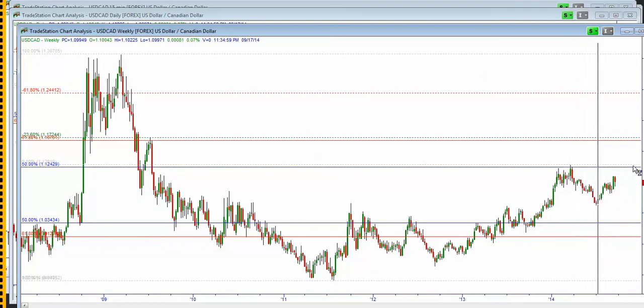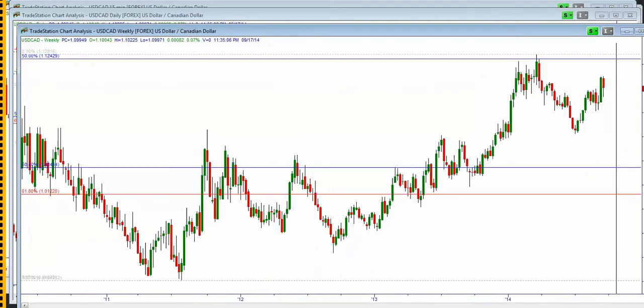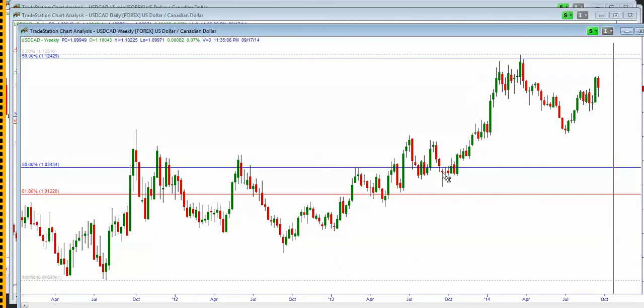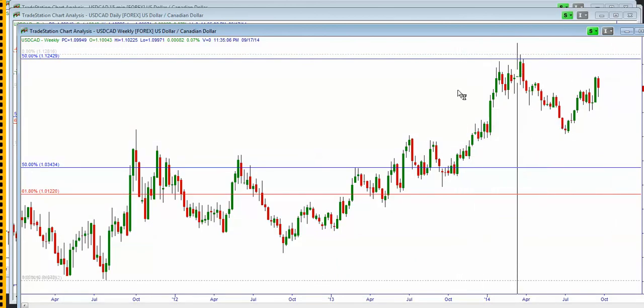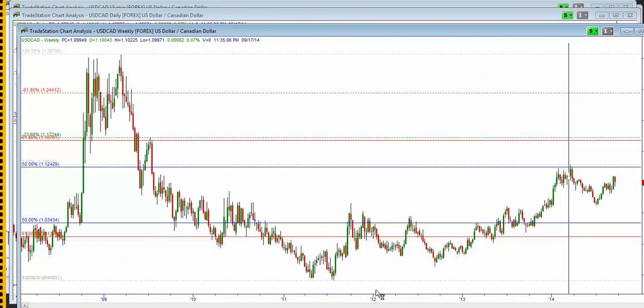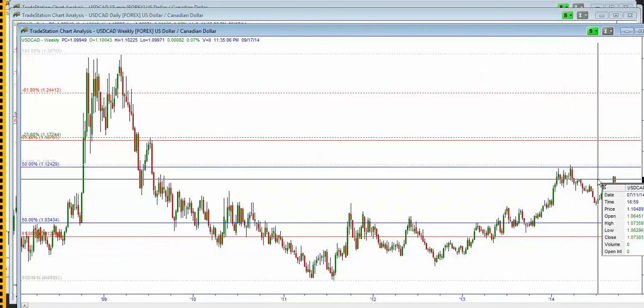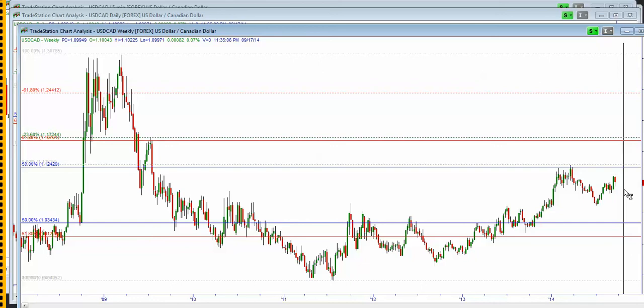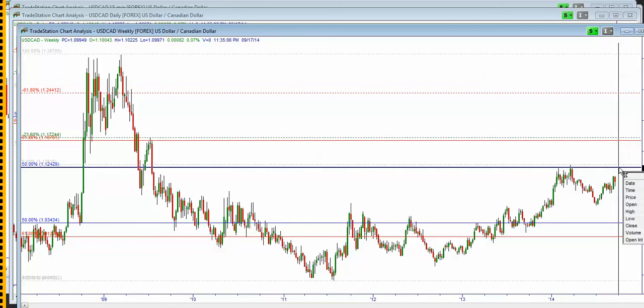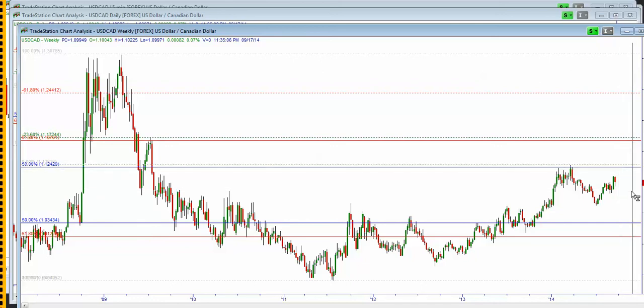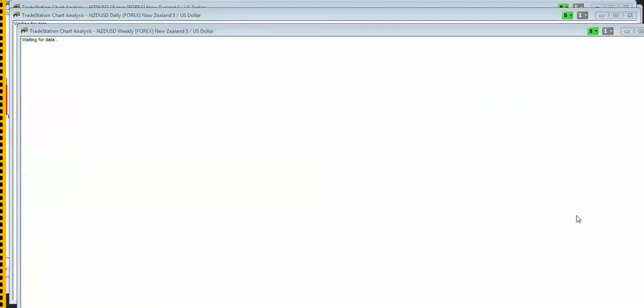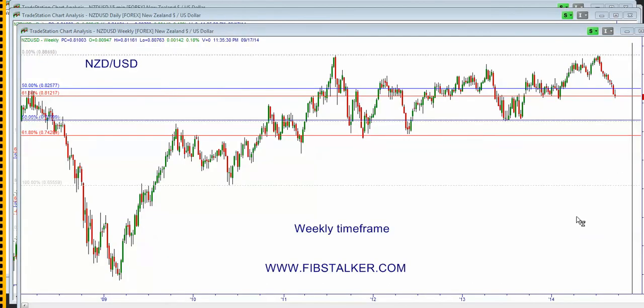So that level is going to act as resistance again, and according to the behavior and the fact that the larger sequence long has failed just below this level 112.50, there's a possibility for this market to act as a resistance again, and that's the highest probability scenario here.